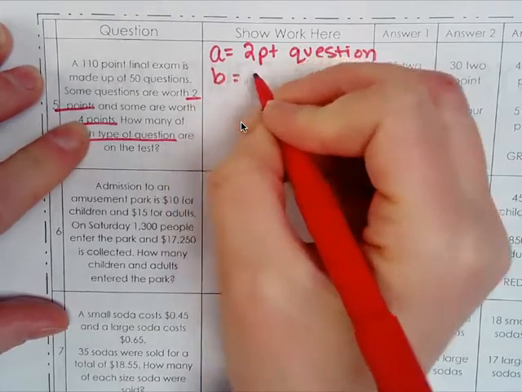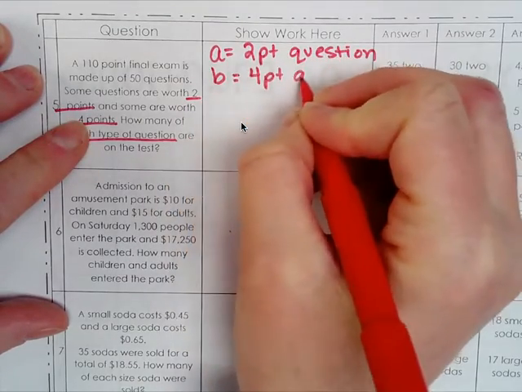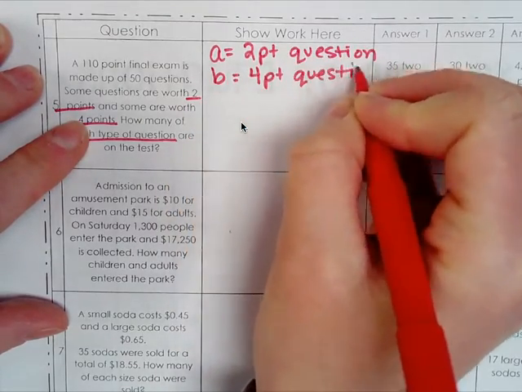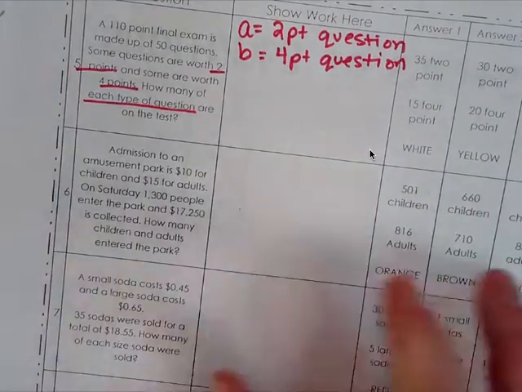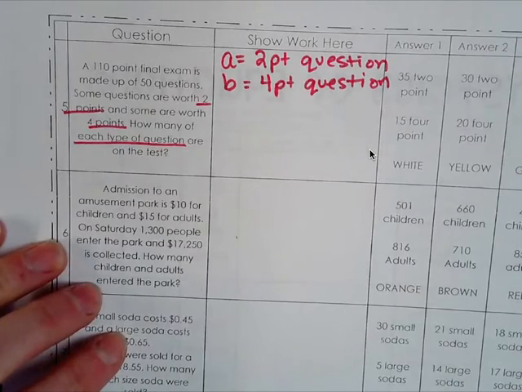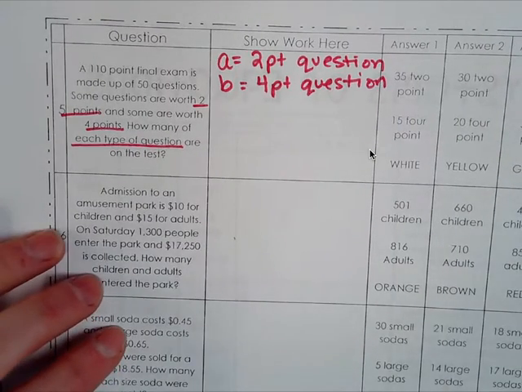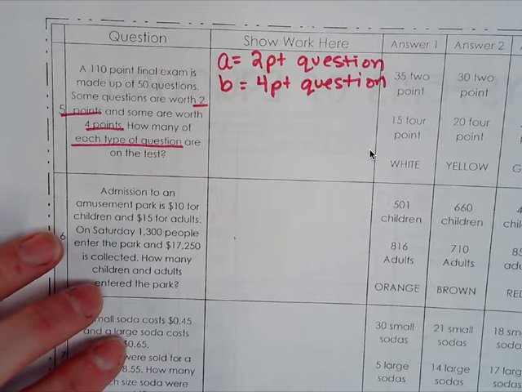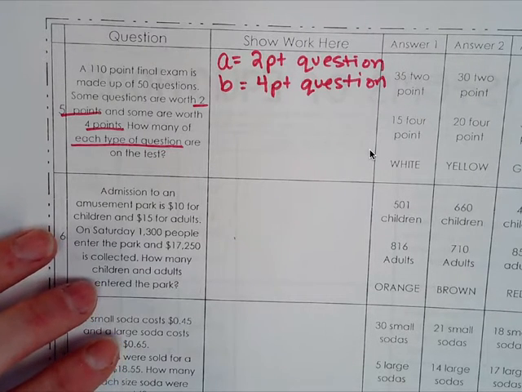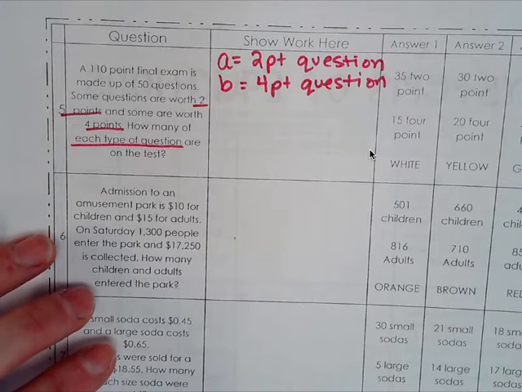And B is my 4-point question. So we have two different types. We have 4-point questions. They're worth more. Maybe more stuff is involved in them. And then 2-point, maybe like your true false questions.